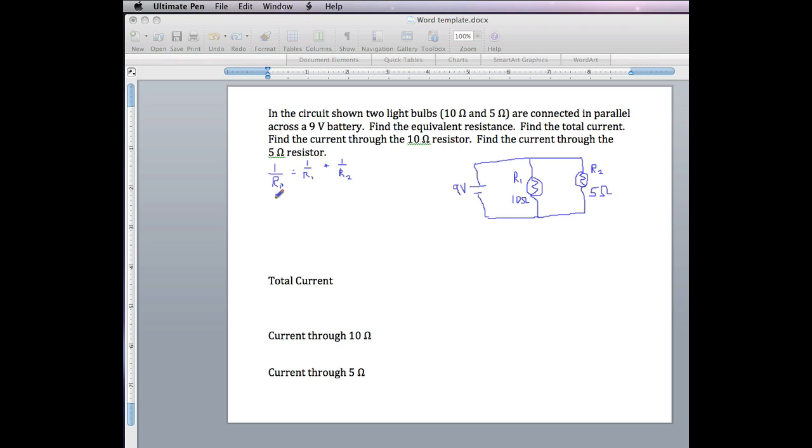So 1 over R sub P equals 1 over 10 ohms plus 1 over 5 ohms.